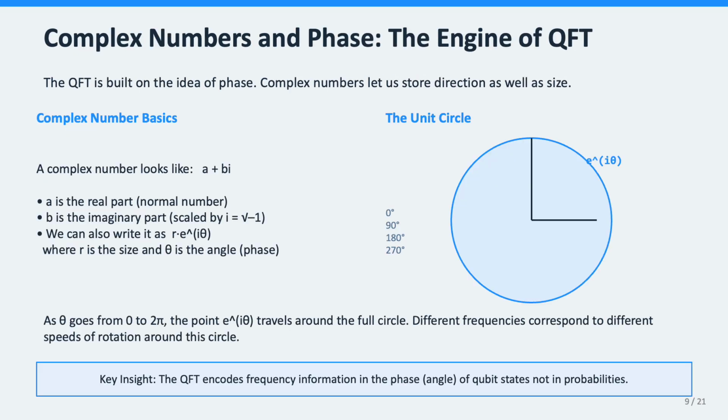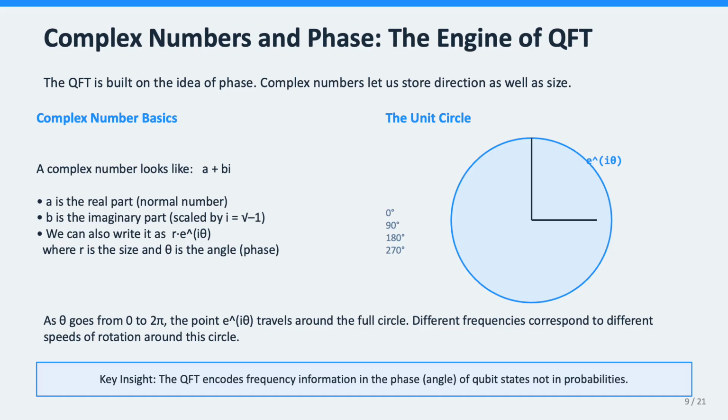Complex numbers are the backbone of the QFT, so it is worth making sure they make sense. A complex number has a real part and an imaginary part. You can also think of it as a point in a two-dimensional plane, described by the size and the angle.